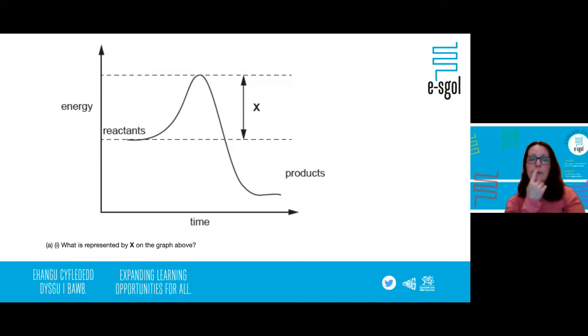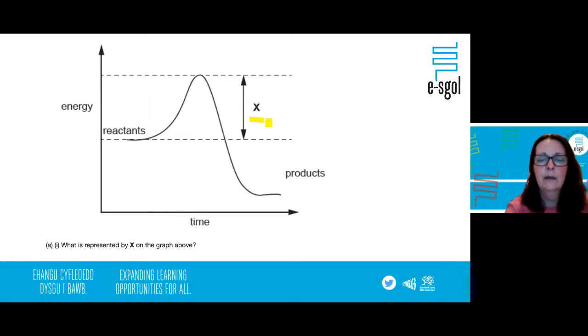Okay, we're going to have a look through some exam questions now. And we can see here there is an example of a graph. And the question is asking us what is represented by X on the graph.